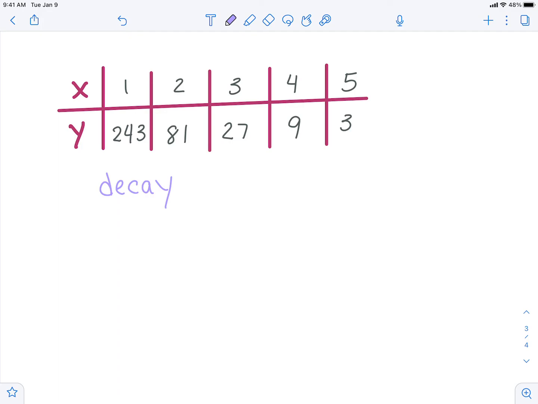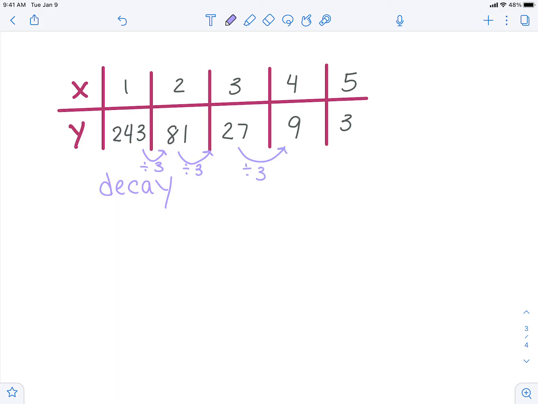What's the initial value? Oh, they didn't put it in the table, did they? No. But you've already told me that each time I'm dividing by 3, right? Dividing by 3. Dividing by 3.